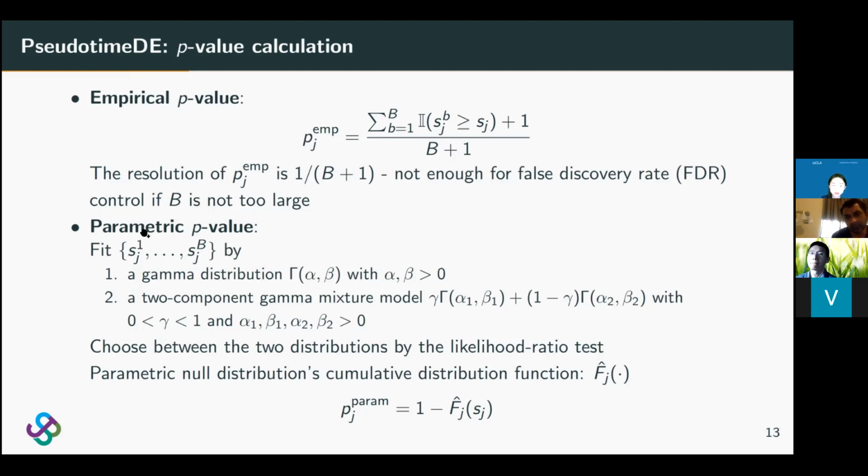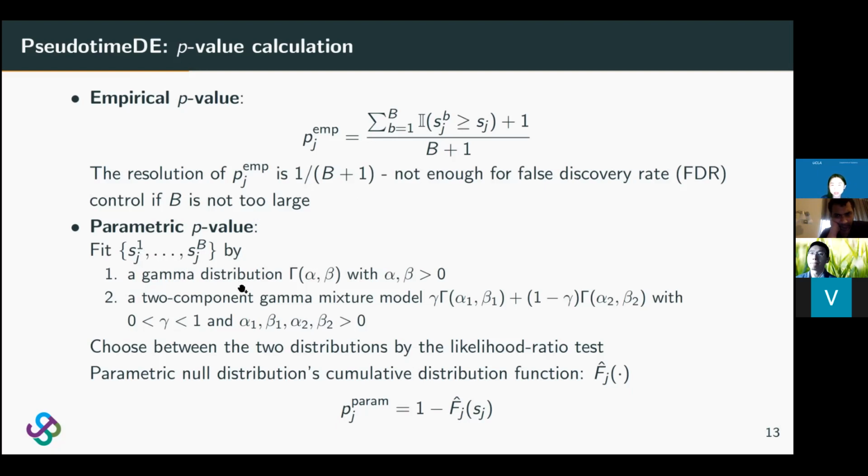Okay, so to address that issue, we provide a fix. And this is a common issue for any permutation test. We provide a parametric fit to the null distribution to fit those capital B null values.